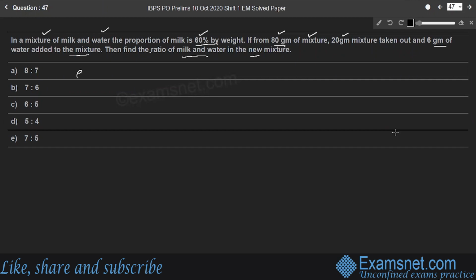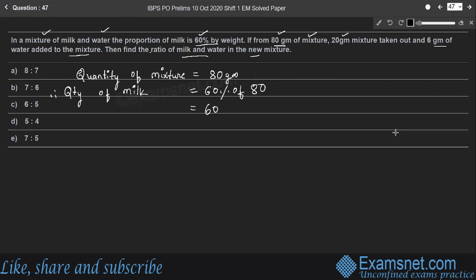So the quantity of mixture given here is 80 gram, right? In that 60% is milk, not water. Quantity of milk is equal to 60% of 80 gram, which is 60 by 100 into 80, which is 48 grams, right?